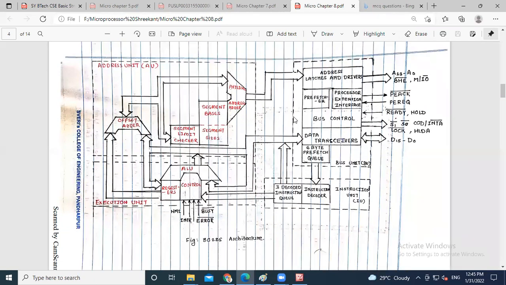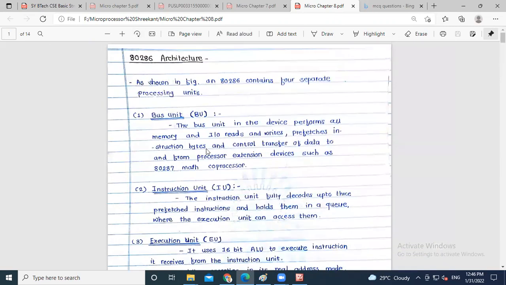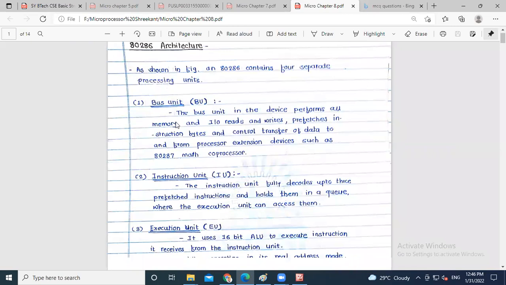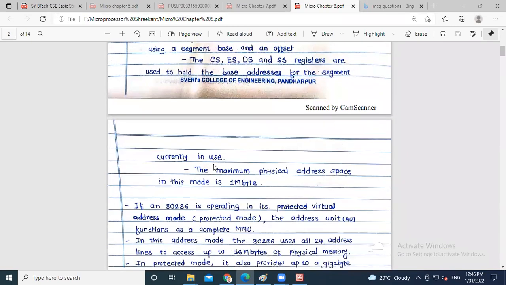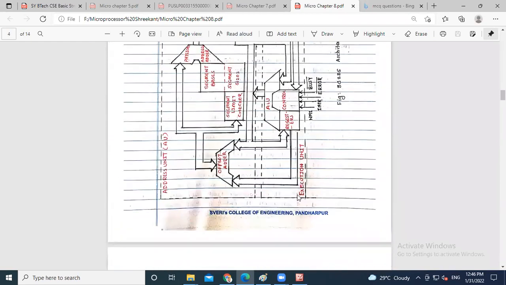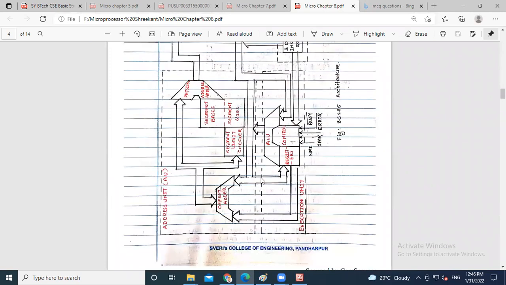The diagram has many blocks, but it is very easy: categorize it into 4 sections, address unit, execution unit, instruction unit and bus unit. First the instruction unit, then the execution unit and address unit. Only those I will show you in the architecture, so please carry this with you.